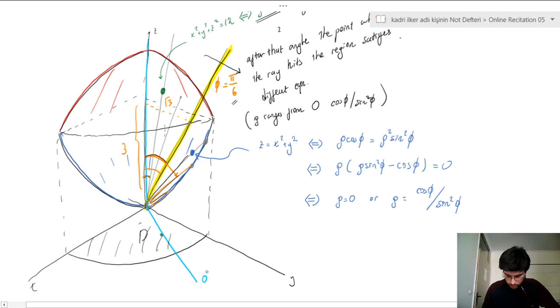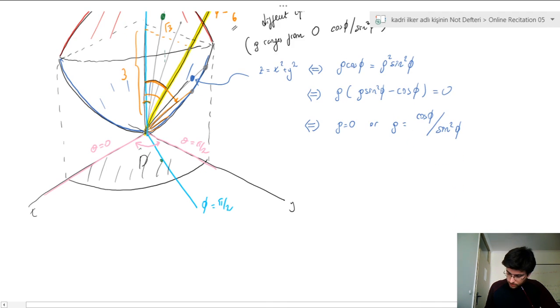This is exactly when phi is pi over 2, and this is exactly when phi is 0. And what about theta? If you look carefully, theta runs from these two rays, this is exactly when theta equals 0, this is exactly when theta equals pi over 2.